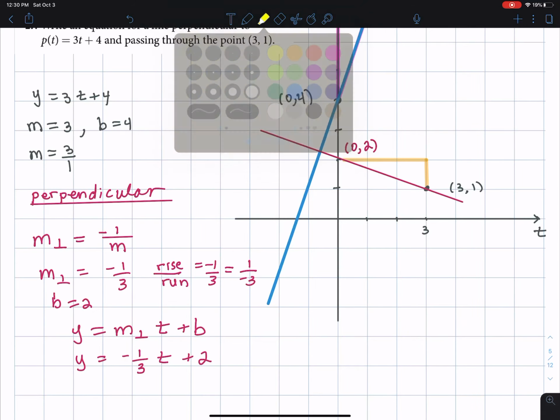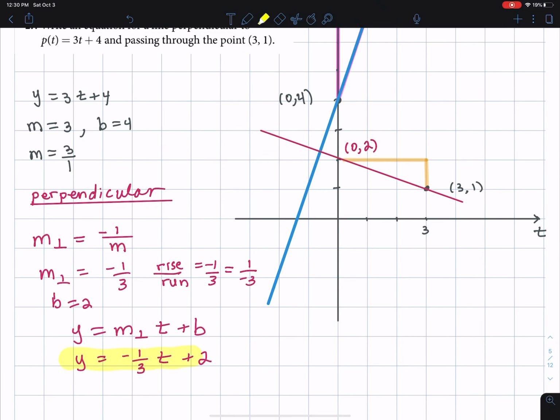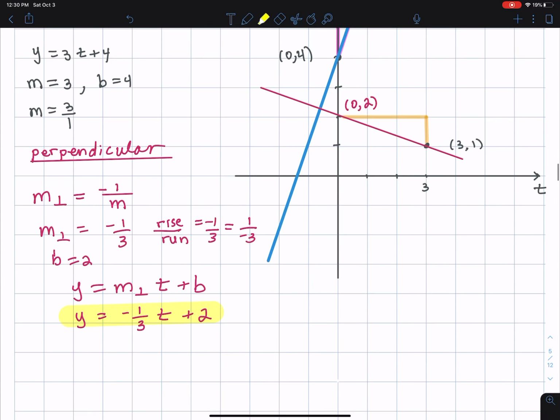Now, the way I found the b was from the graph, which is okay, but let me show you how you do it algebraically, because some examples don't come out to be integers. You have y equals m perp t plus b. We put in y equals negative 1/3 t plus b, and put in t equals 3 and y equals 1.